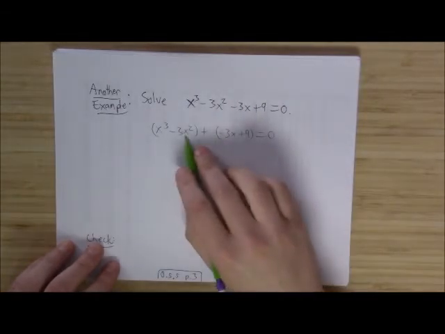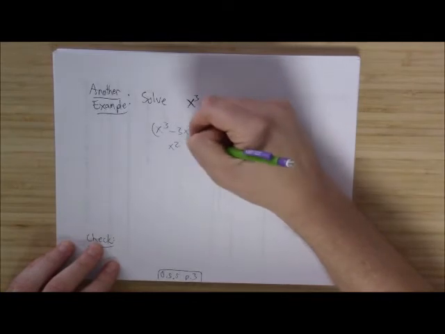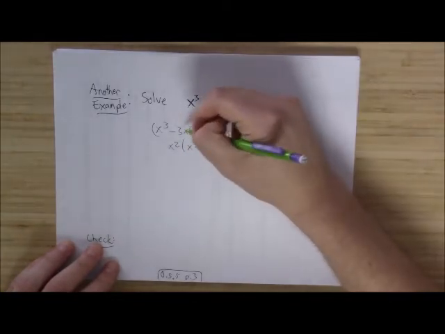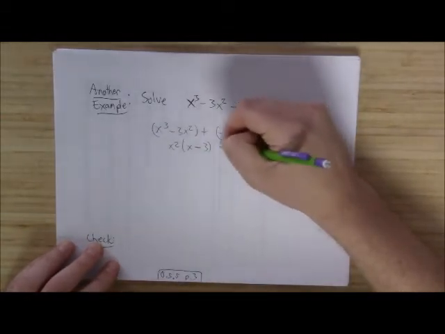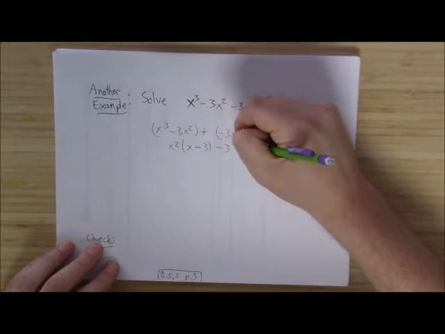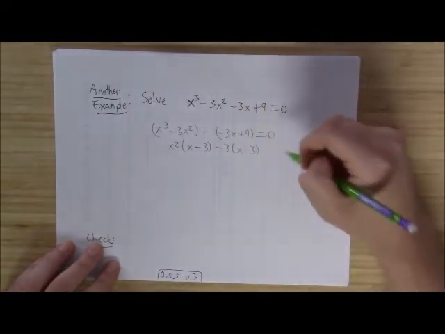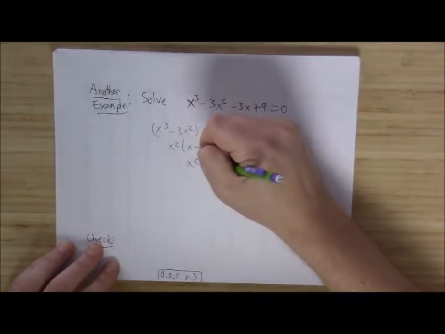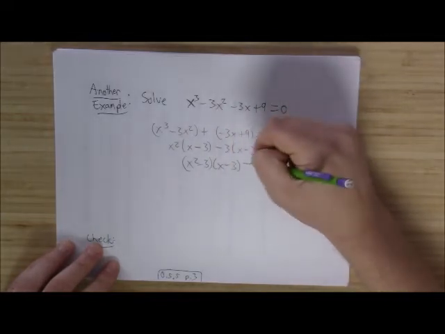If I factor out, here I can factor out an x squared times x minus 3. And over here I can factor out a negative 3. And that changes the sign there when I factor out a negative. So now I actually have x squared minus 3 times x minus 3 equals 0.